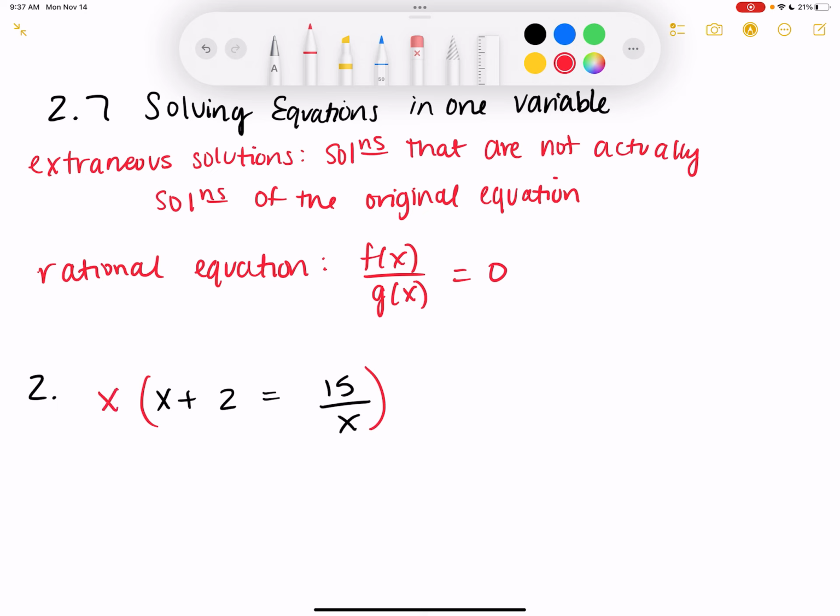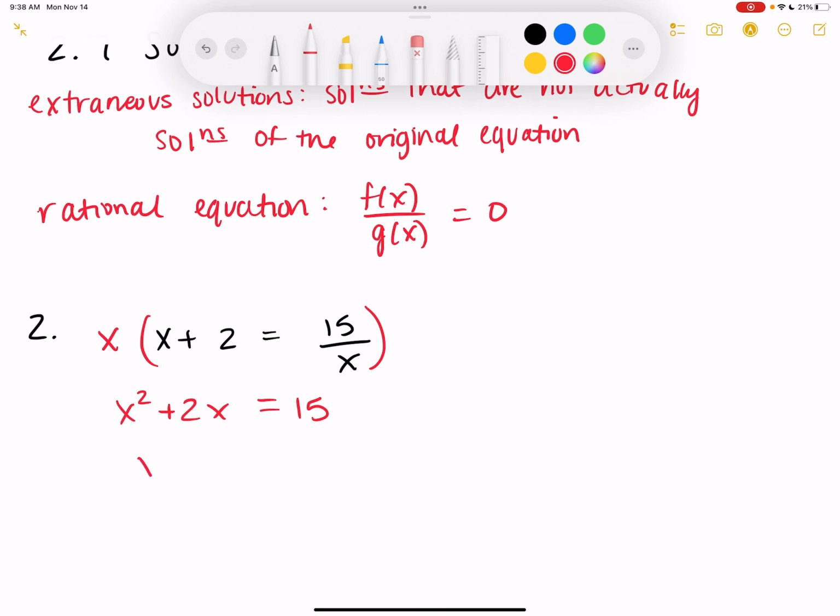On the left, I'm distributing, so I've got x squared plus 2x equals 15, since x top and bottom cancels on the right. We need to move the 15 over so it's equal to 0. So x squared plus 2x minus 15 equals 0. Then we need to factor and solve.